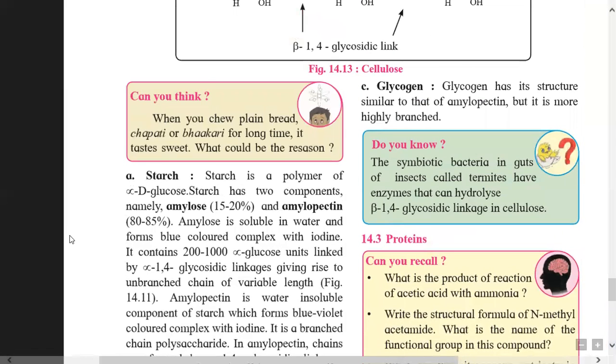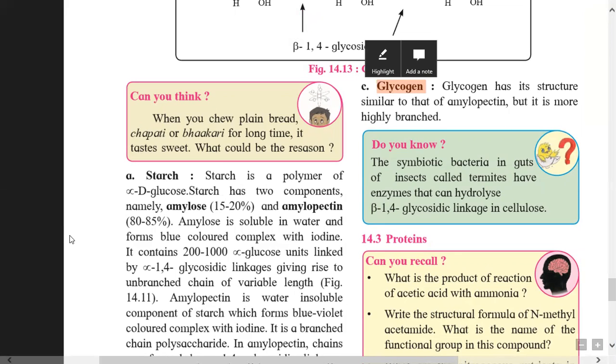The next example of polysaccharide is glycogen. Glycogen has a structure similar to that of amylopectin. We had studied the structure of amylose and amylopectin.